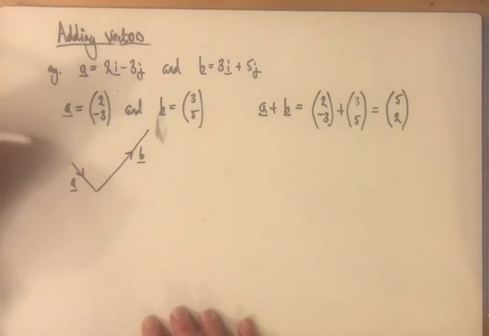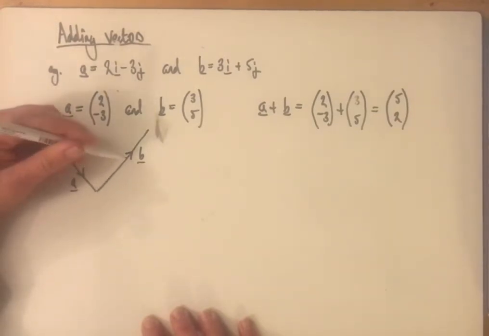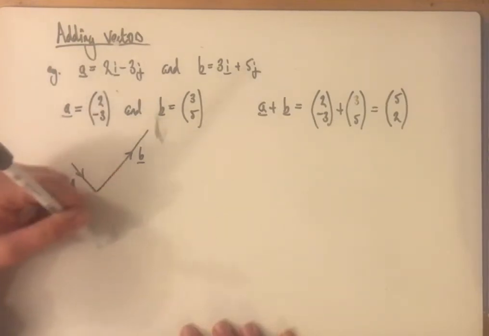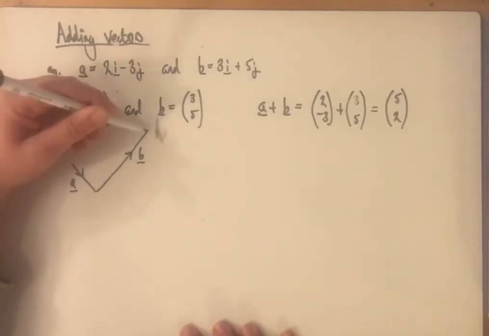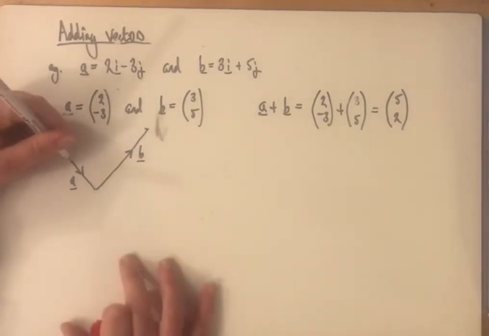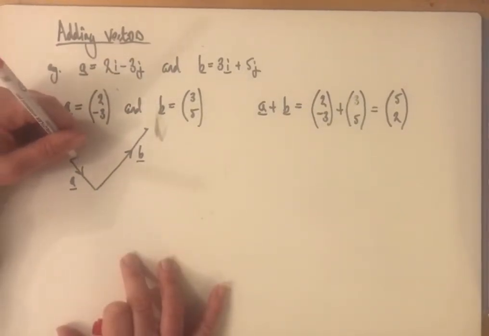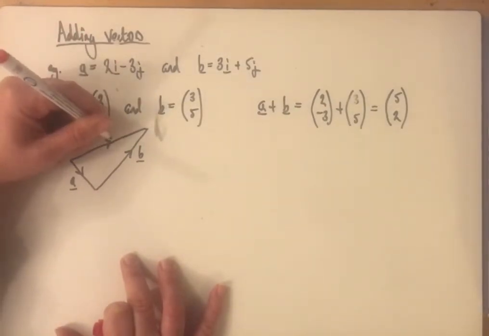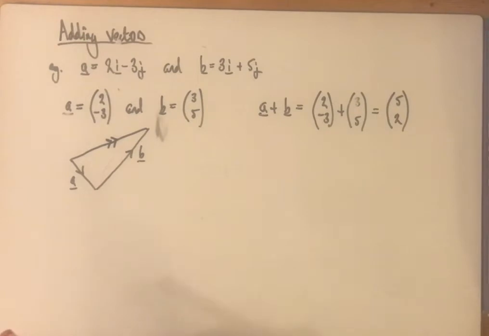And so if you do A plus B, we're going along A and along B. With vectors, it doesn't matter how much you've travelled around. We're really just interested in where you started and where you finished as a vector. And that's what happens when you add them. You find this vector here. Sorry, that was meant to be red. It hasn't really come out red.